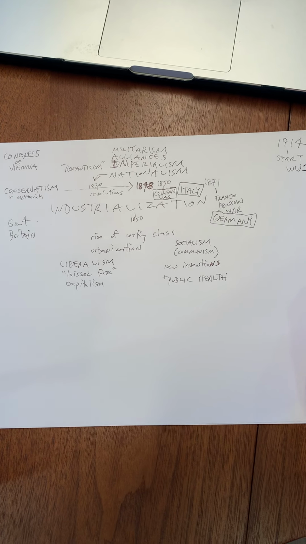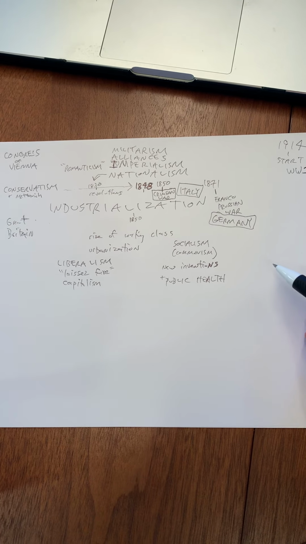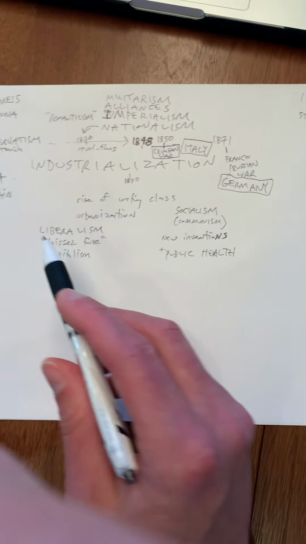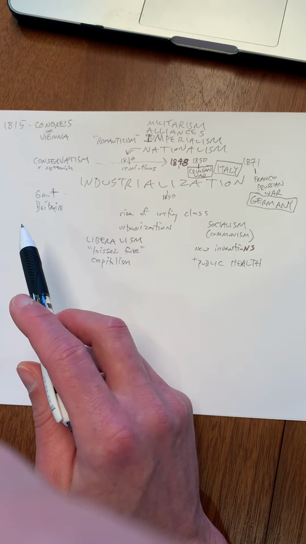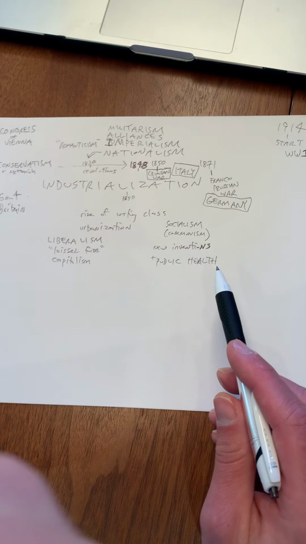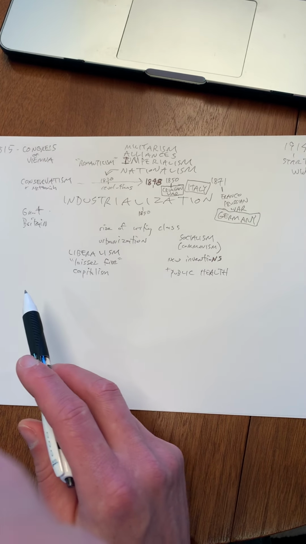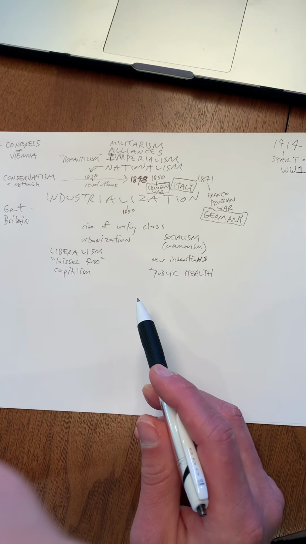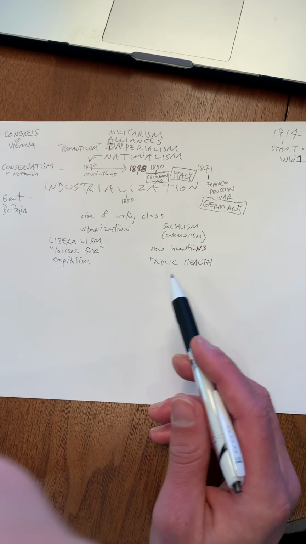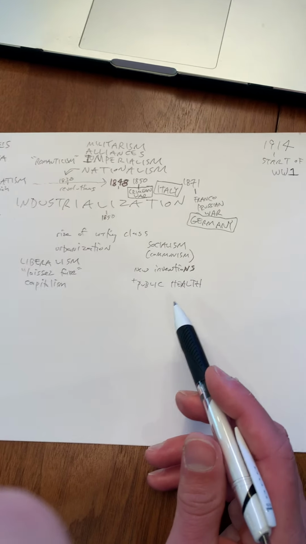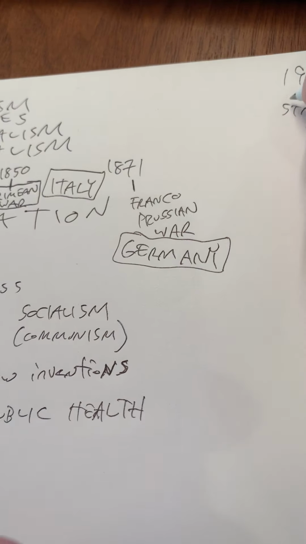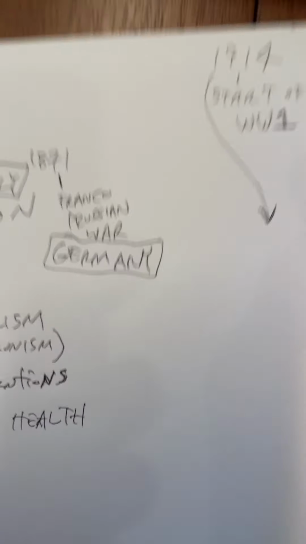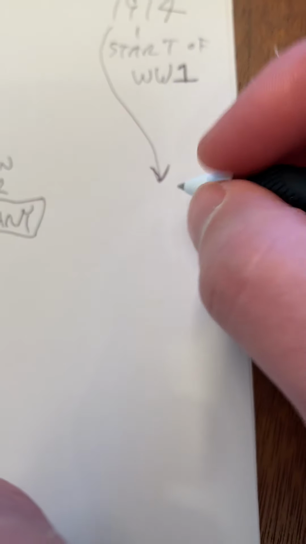And then finally, what we'll look at is imperialism. Outside of Europe during this time, Europeans are dominating parts of the world that they couldn't dominate before. They had dominated the Americas and the coasts of Africa and Asia, but during this time they get into the interior and dominate it. By 1914, I want you to think back to the map of imperialism, that map that you colored in.